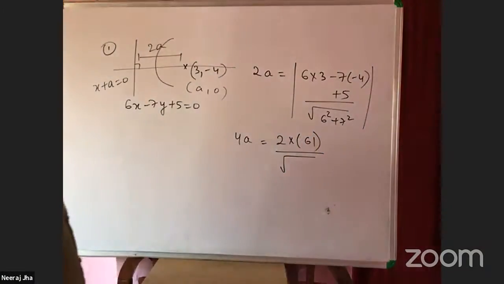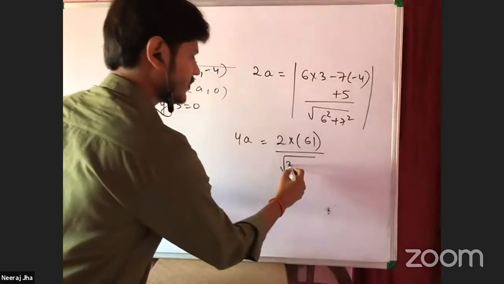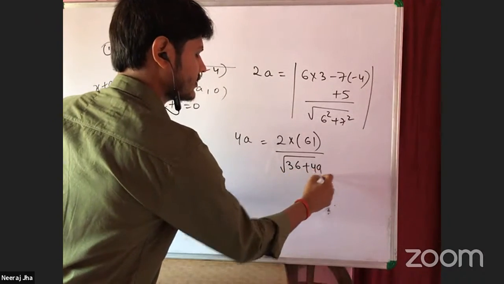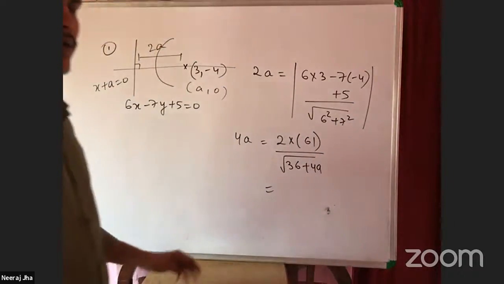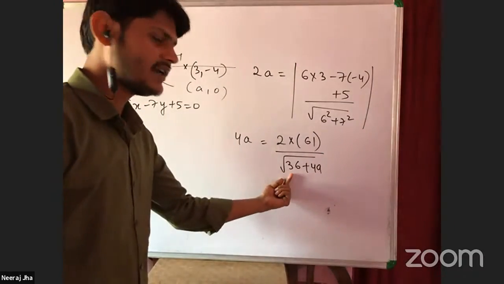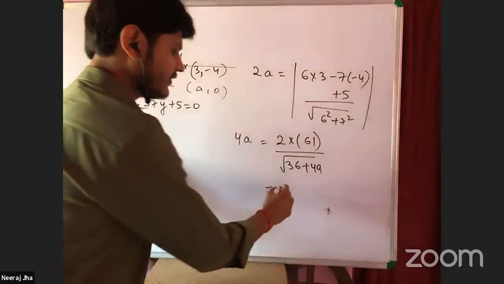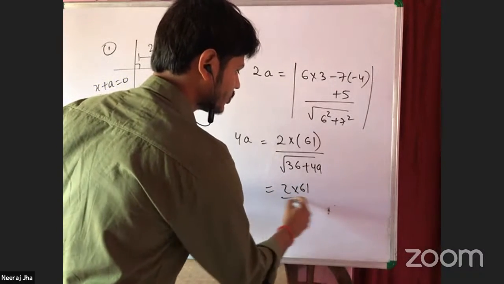6 square is 36, 7 square is 49, so you get root over 85. So 2 into 51 upon root over 85.